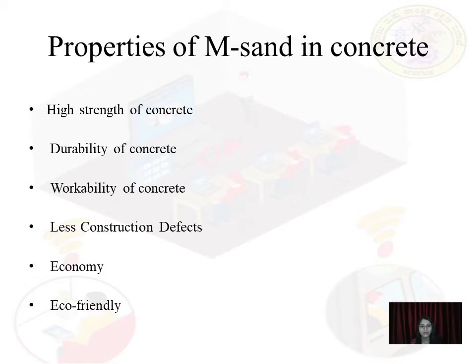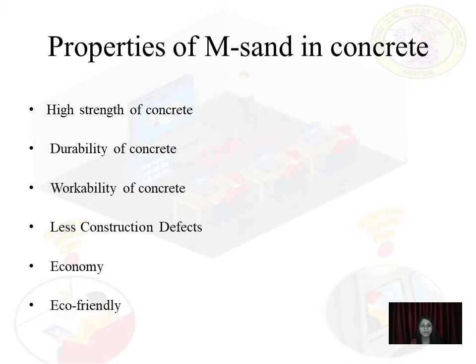Why does river sand lead to less strength concrete? Because of the weathering. The natural sand particles may be rounded in shape, whereas in M sand the particles are angular, with a rough texture and sharp angular grains.